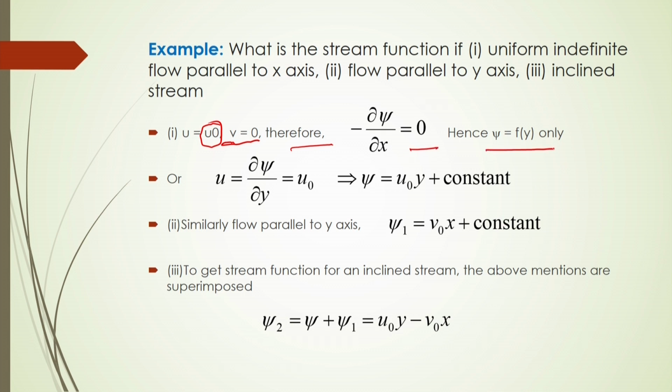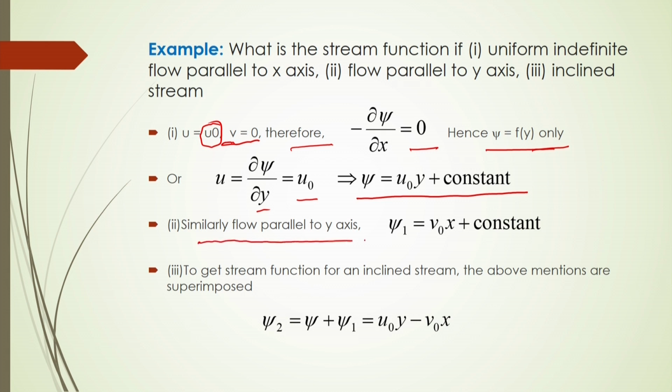Hence, ψ will be a function of y only, or u will be equal to ∂ψ/∂y, that will be equal to u0, from which after integration you can calculate ψ. So, ψ will be equal to u0 into y plus constant.